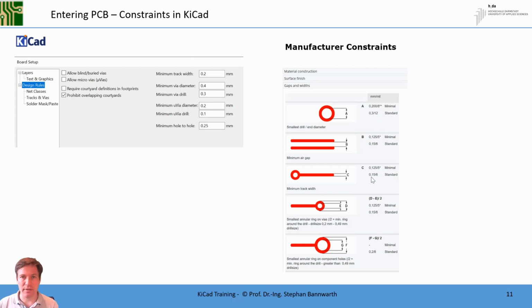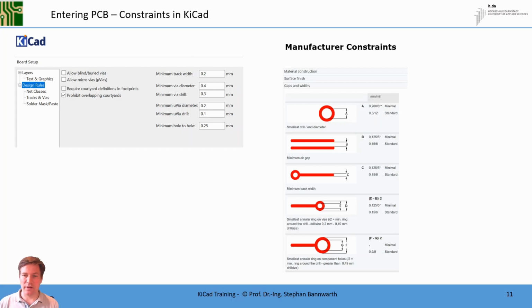This is another point I want to give you as a best practice at this point. Don't lay out only in the minimal possible trace width, because this means it's manufacturable, yes, but if you go to series production, you might have a lot of boards which are not working because these connections are broken.